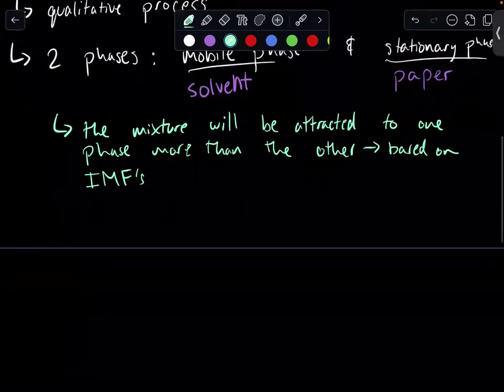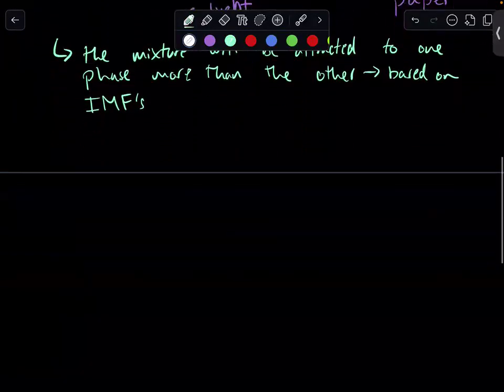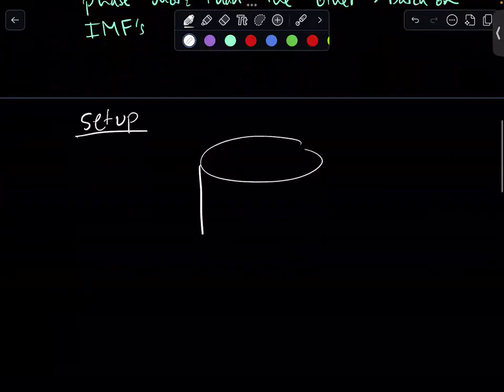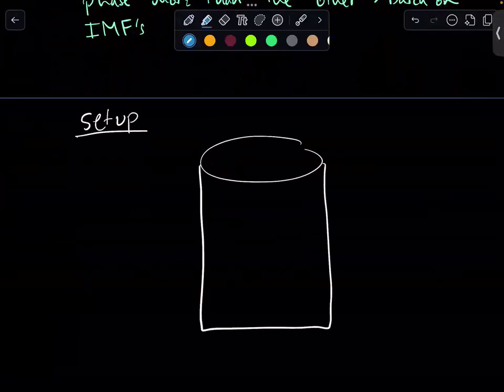So when we look at a chromatography setup, we'll actually draw this out. So generally you have some form of beaker with some liquid in the beaker. This liquid is our solvent.